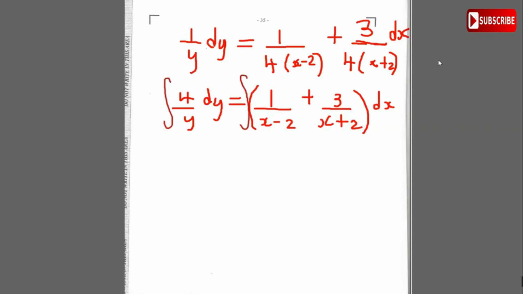Integrating both sides with respect to y, what you're going to get is 4 over y dy. When you integrate that, you can factor out the 4.